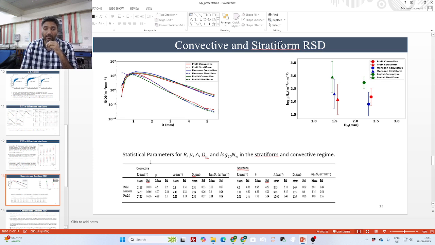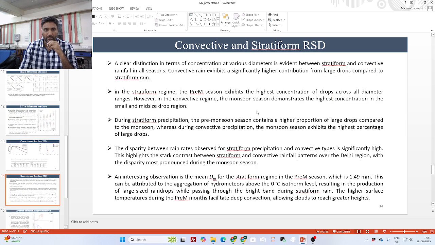After that, we have performed the stratification of convective and stratiform as well, and these are the plots that we have created. This is the typical RST plot. We have also constructed a Dm Nw plane for the convective and stratiform. We have created another table for the rain integral parameters, calculating the simple mean and standard deviation.